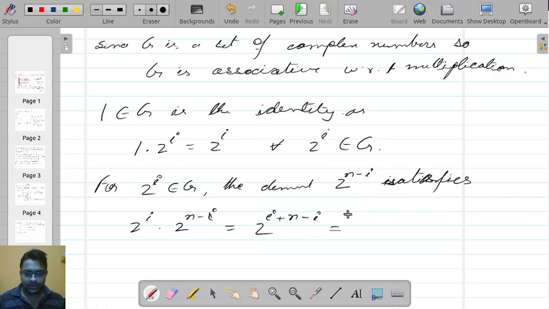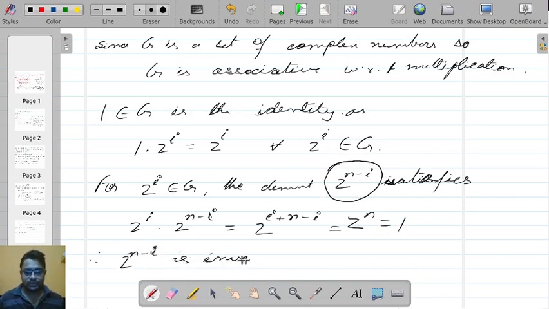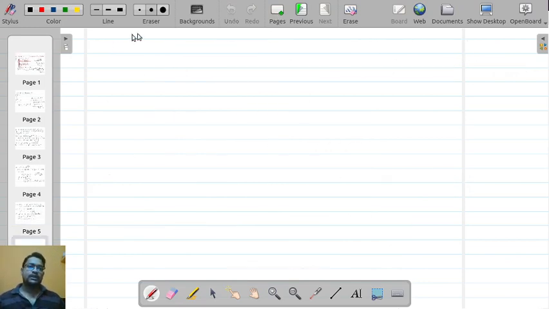What is that? This is equal to z to the power n, which is equal to 1. So that means z to the power n minus i is the inverse of z to the power i in G. Okay, so all properties are satisfied, and also it's commutative. Also multiplication of complex numbers is commutative.